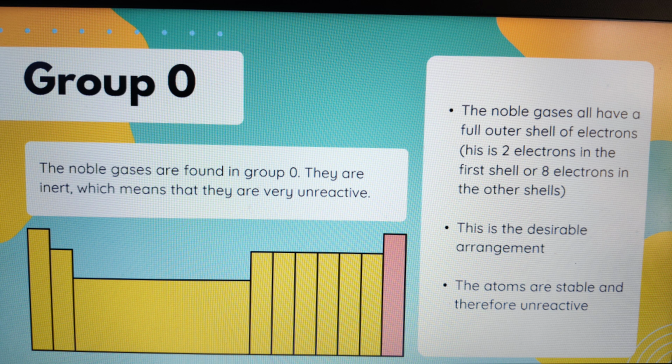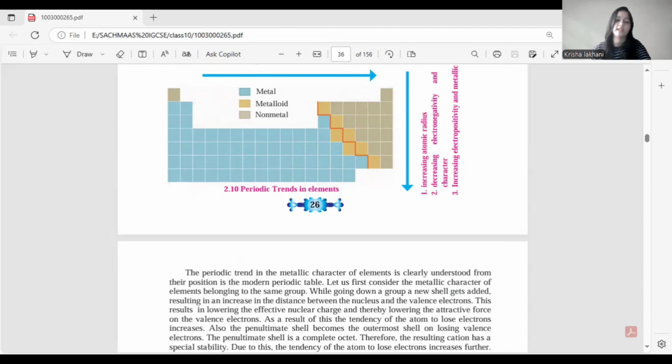This is a desirable arrangement. The atoms are stable and therefore they are unreactive. The last point is very important. They are very stable and unreactive. I hope this is clear to everybody.